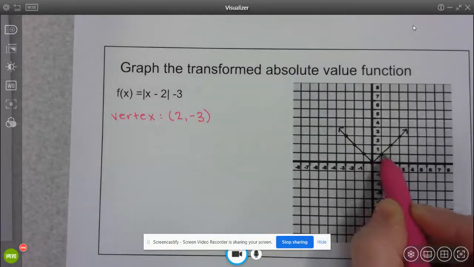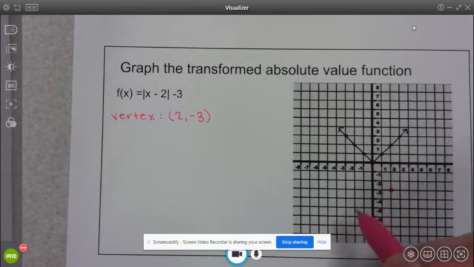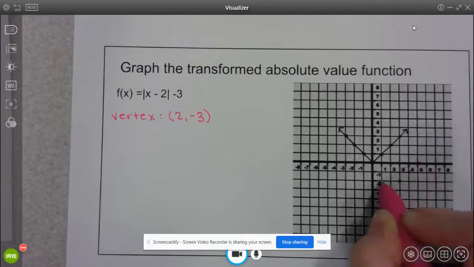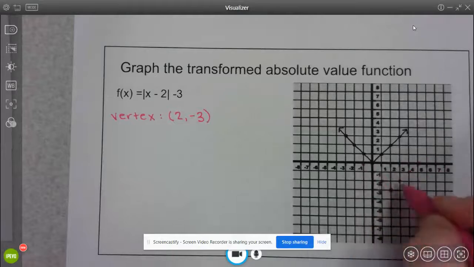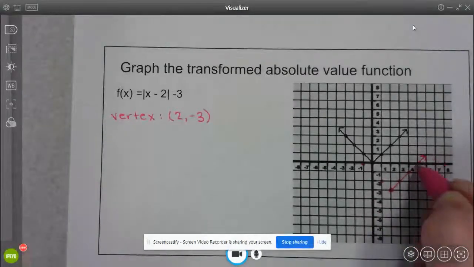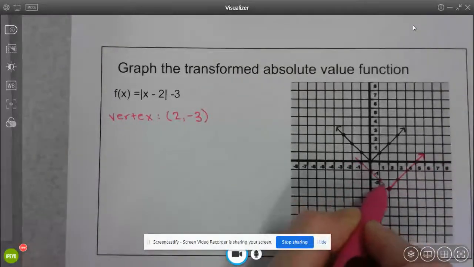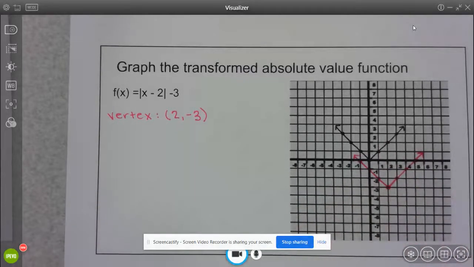So I know it's going to maintain this slope of 1 in both directions. So I'm going to go ahead and do my up 1 over 1 for my slope. And there is my new transformed function.